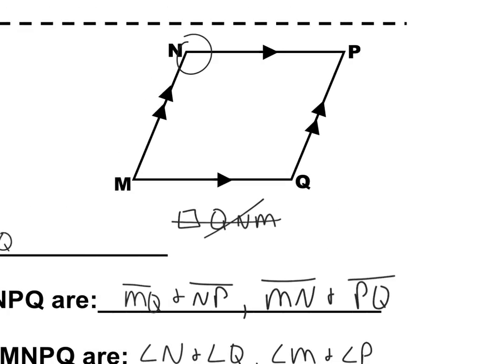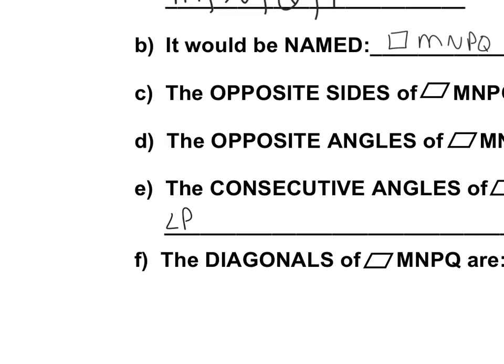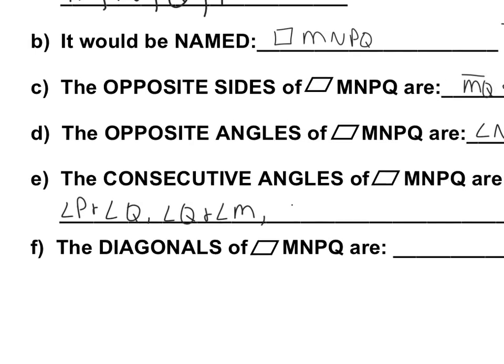They're in an order. But we can also say angle P and angle Q. We have angle Q and angle M. Then we have one more set. It looks like angle M and angle N. So any two angles that are right next to each other are going to be consecutive angles.